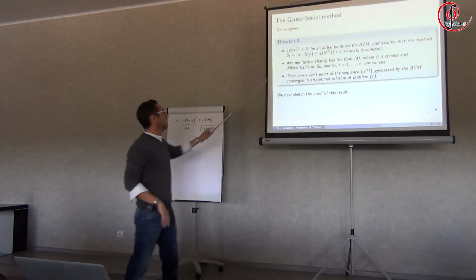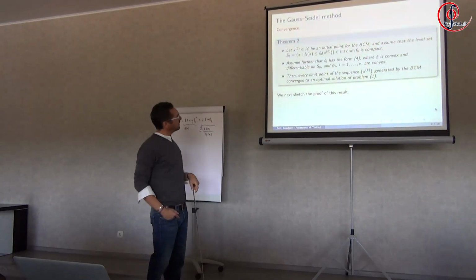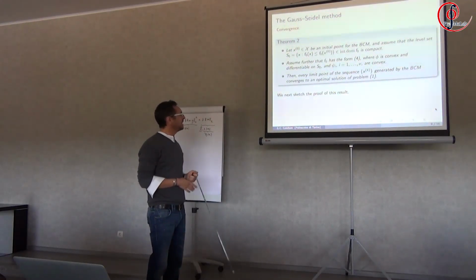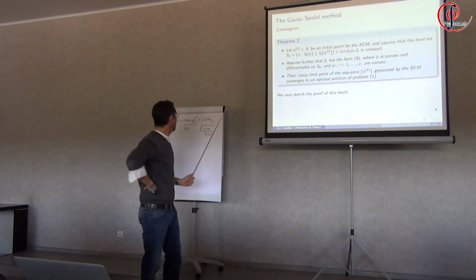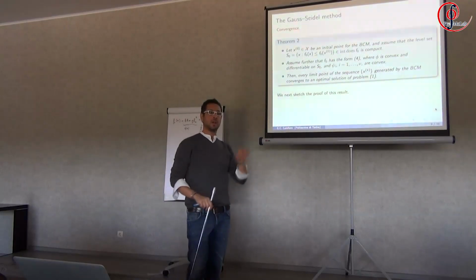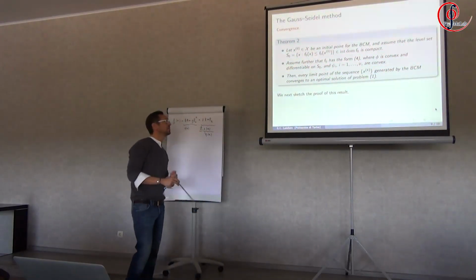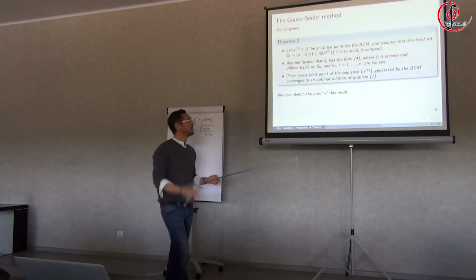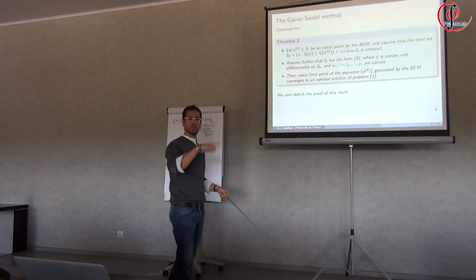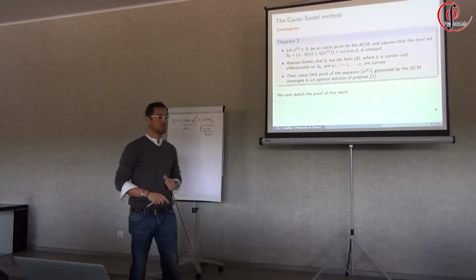Okay, so now under some technical conditions that you may read yourself, the essential point is that when our objective function has this special smooth plus separable and convex structure, then the sequence generated by this sequential coordinate descent method converges to an optimal solution of the problem.